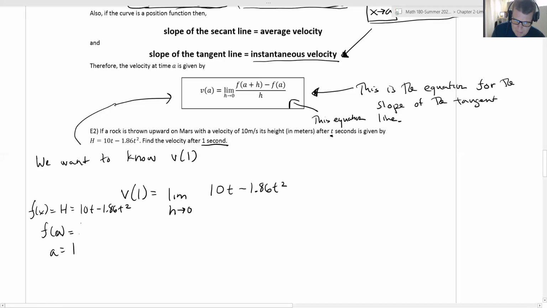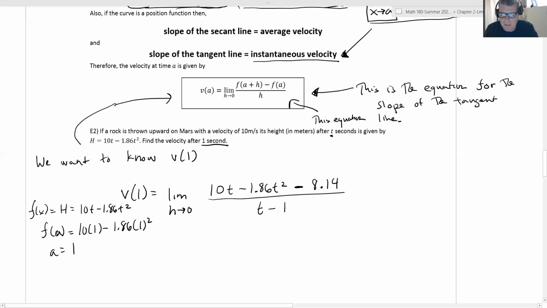So f of a is going to be 10 times 1 minus 1.86 times 1 squared, and that's going to equal 8.14. And we'll divide that through by t minus 1.